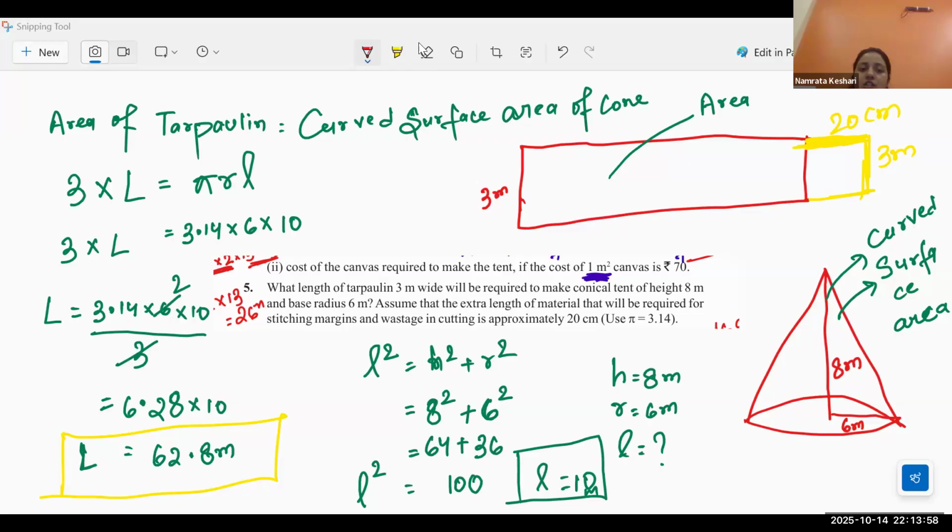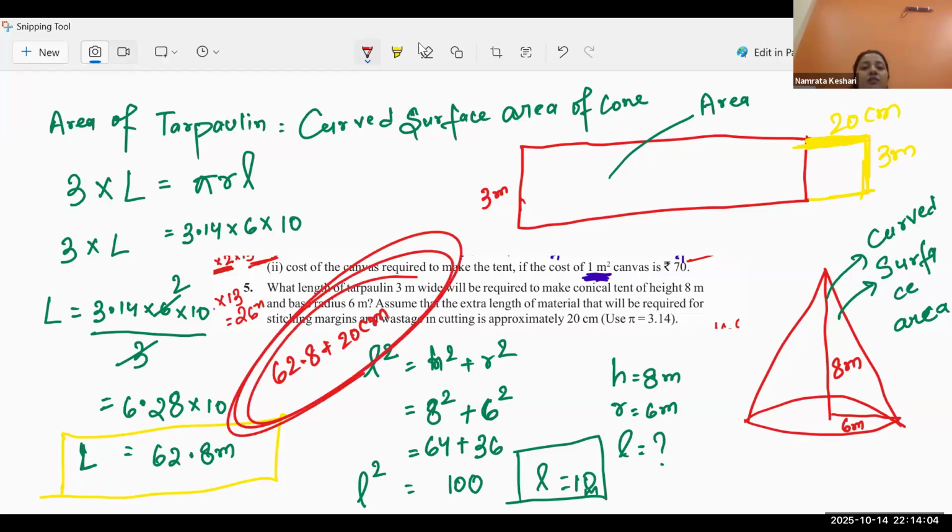So I will check 62.8 plus 20 centimeter. This was the complete length when I bought the sheet from the market. Yes or no? Yes. Is it making sense?